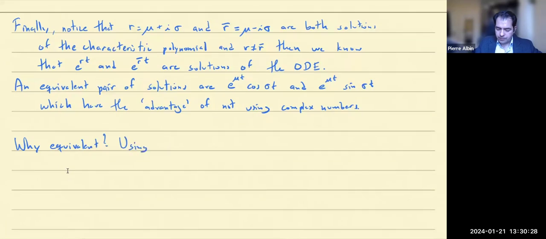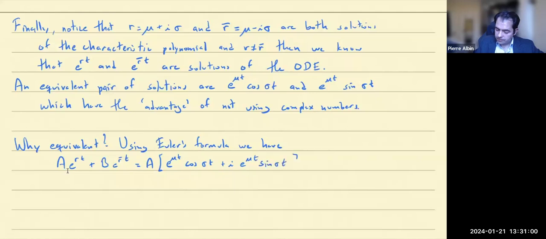Well, using Euler's formula, if you start with a e to the rt plus b e to the r bar t, well, Euler's formula tells us that e to the rt is e to the mu t times cosine sigma t plus i times e to the mu t sine sigma t, while e to the r bar t is e to the mu t cosine sigma t minus i times e to the mu t sine sigma t, right?